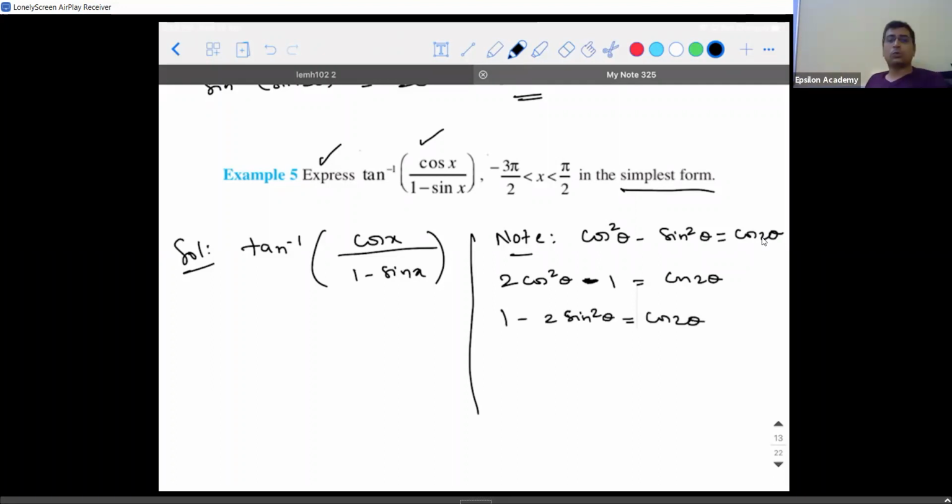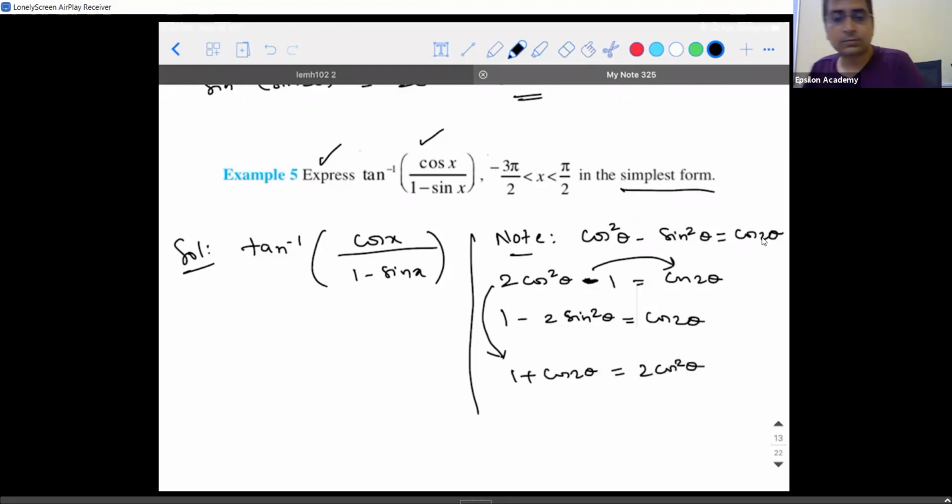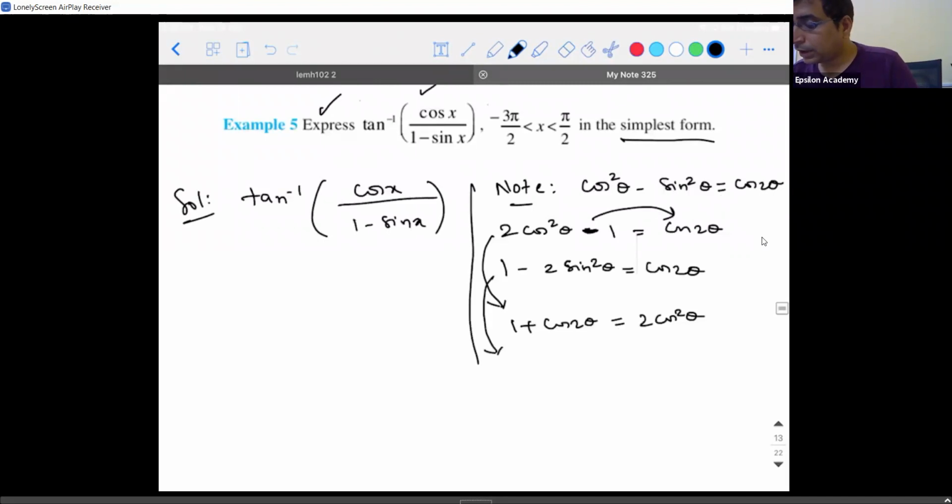Is there anyone who doesn't know this? Okay. From this one, if I take the minus 1 to the other side, can I write 1 plus cos 2 theta is equal to 2 cos square theta? Can I write that? From this, if I bring cos 2 theta this side and 2 sin square theta to the other side, I can write 1 minus cos 2 theta is equal to 2 sin square theta. Accepted?